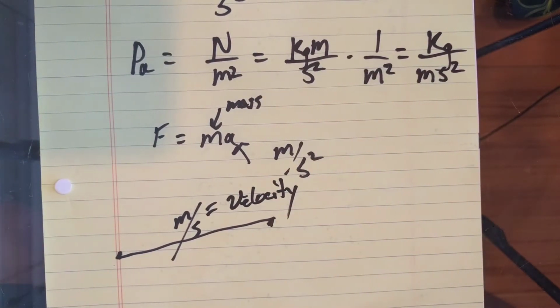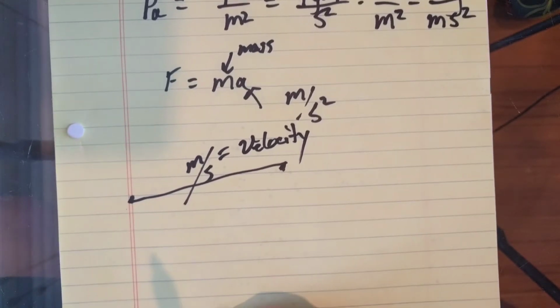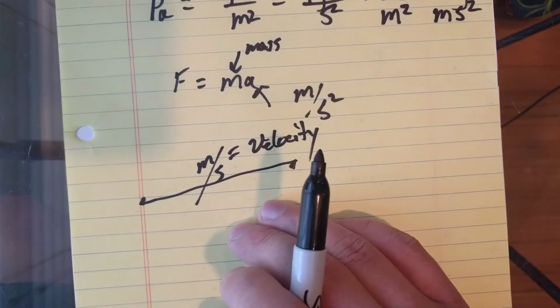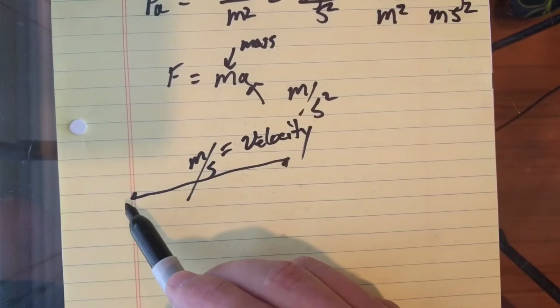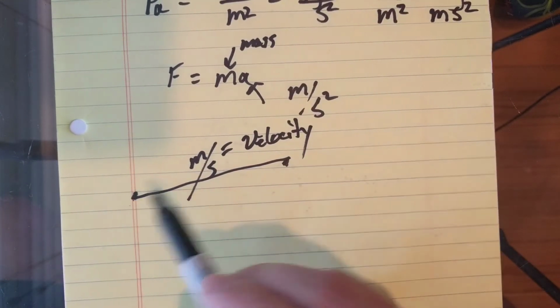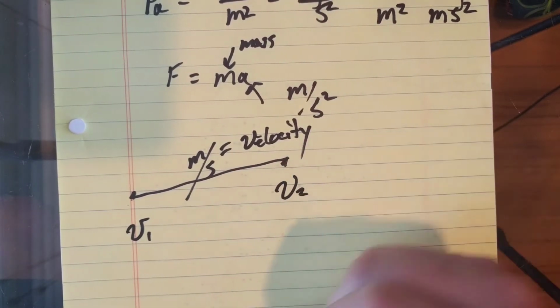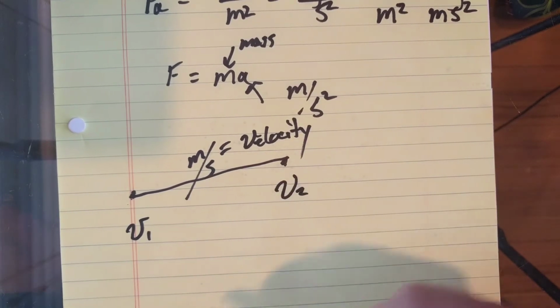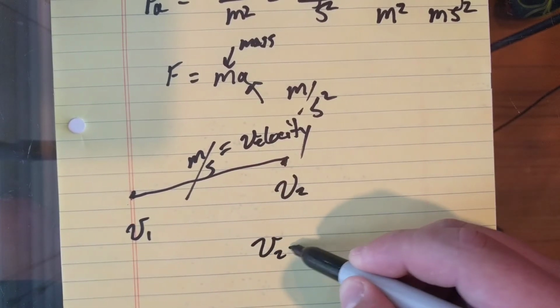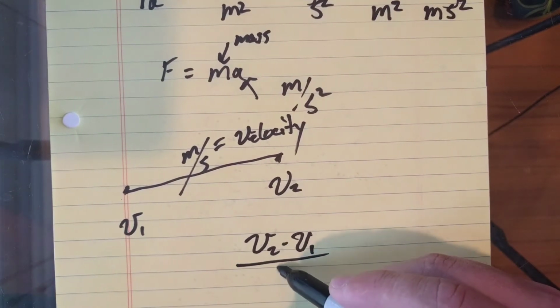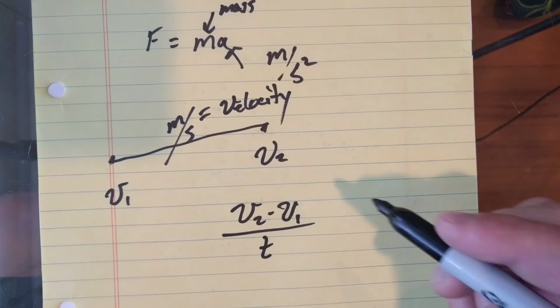And then, to get acceleration, you have to know a little bit more, and that's why they have formulas for that. Because in order to know the average acceleration from here to here, you would have to have v1, v2, and then you'd use that same time. So it would be v2 minus v1 divided by the time it took you to get between them, right?